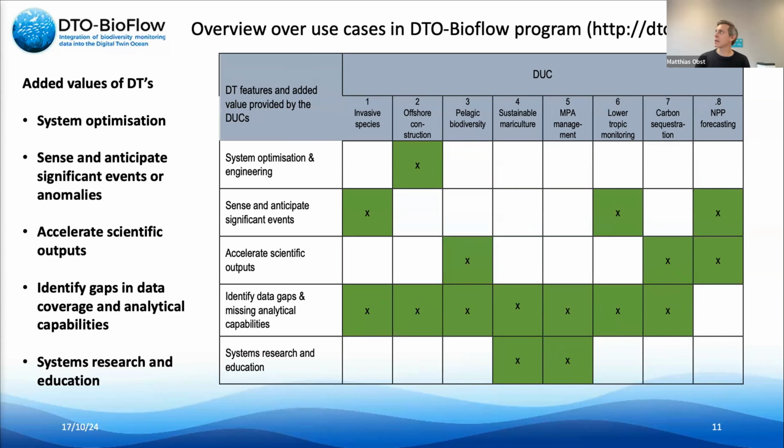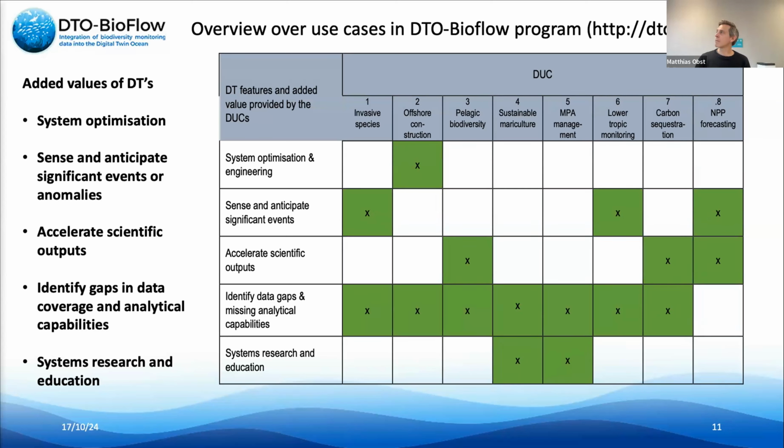Offshore constructions, that's the wind parks. Pelagic diversities, that's algal blooms and harmful algal blooms. Sustainable mariculture, this is the aquaculture sector. And MPA management, MPA means marine protected area. So there have to be some areas that are set aside just to be protected from human activities, so biodiversity can recover there.